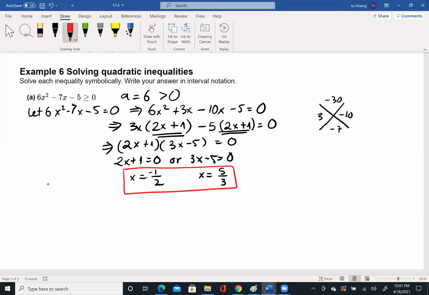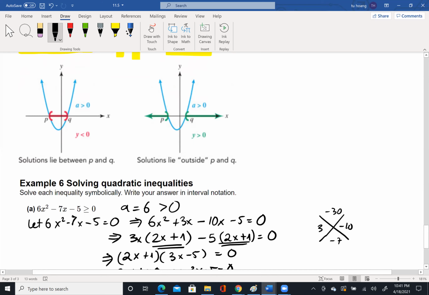I'm going to say this: x equal to negative 1/2 is p, and x equal to 5 over 3 is q, because p is less than q, right?